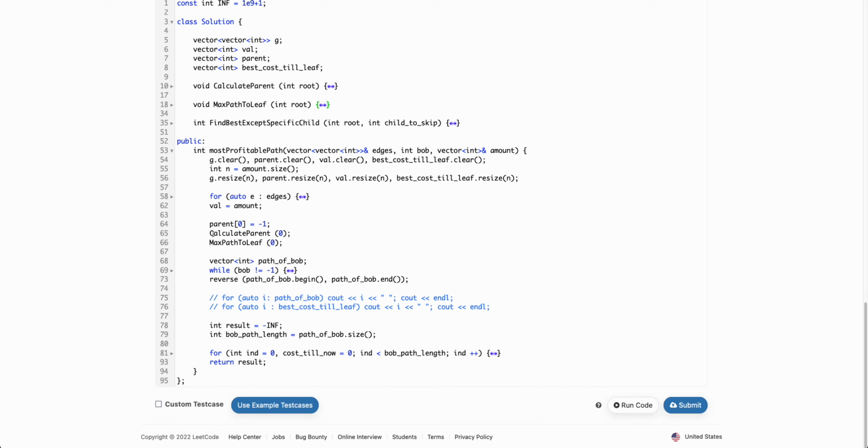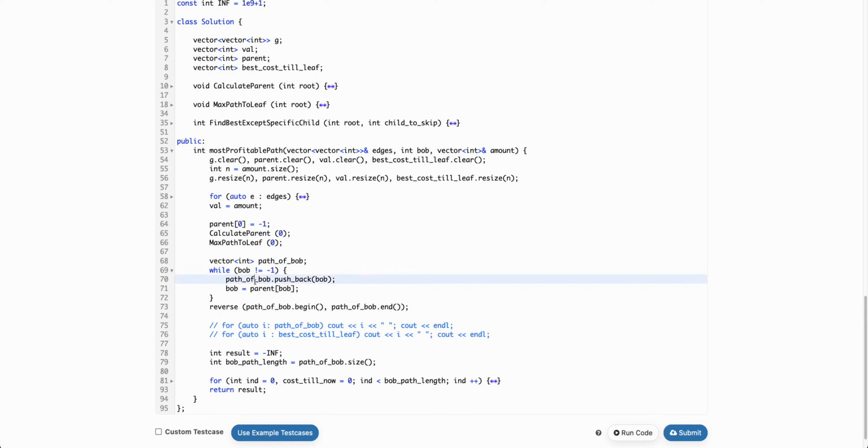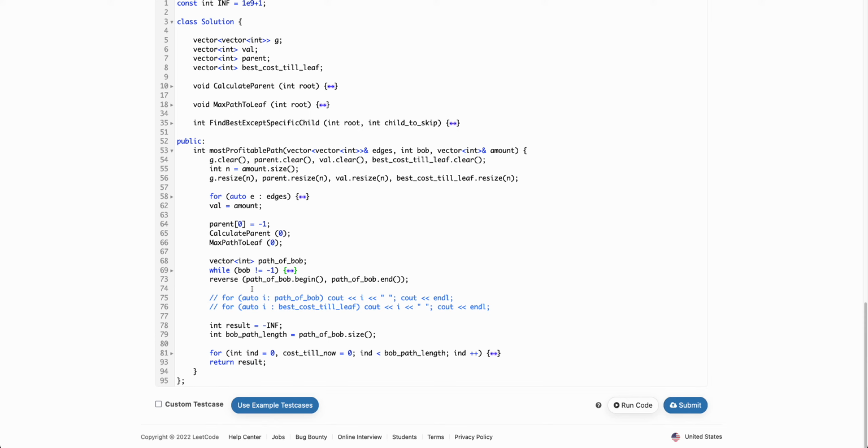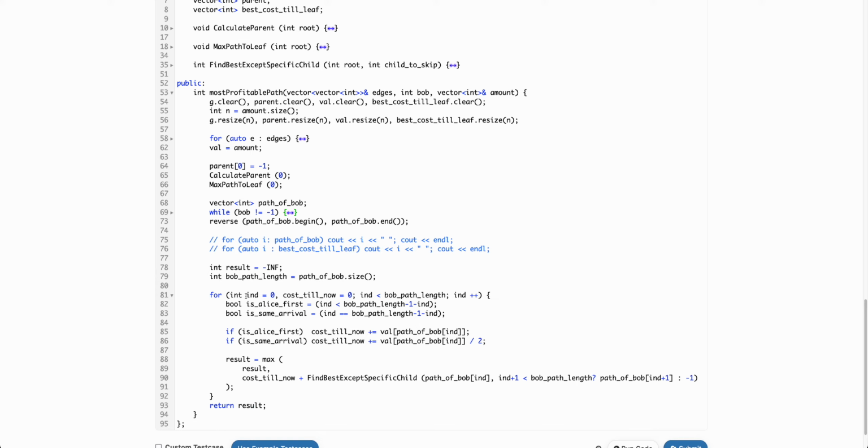Now, once you have the maximum path to leaf, you will find out the path of Bob. How to calculate it? We discussed that we'll just keep on visiting the parent of Bob, because we calculated the parent previously, right? Once you have the path to Bob, you will iterate over all the common prefixes of Alice and Bob, from zero up till the entire path length.